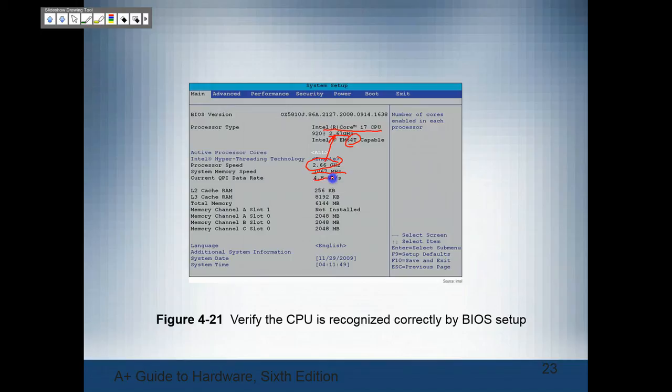The data rate 4.8 GT per second. L1 cache 256K. L3 cache 8192. Total memory, and these are the slots. One of them is not installed, 2048, 2048, 2048, so we have 6 gig of memory in this thing as you go through it. But did it properly install things?